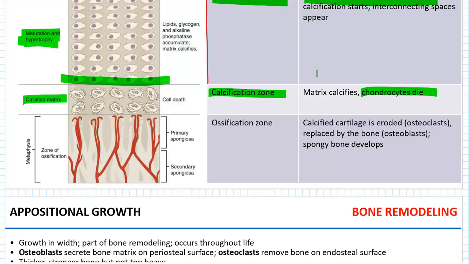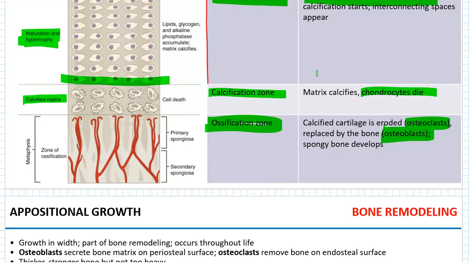And what happens next? At the bottom of that calcification zone are osteoclasts that destroy the calcified matrix, and osteoblasts nearby deposit new bone. Am I making sense?